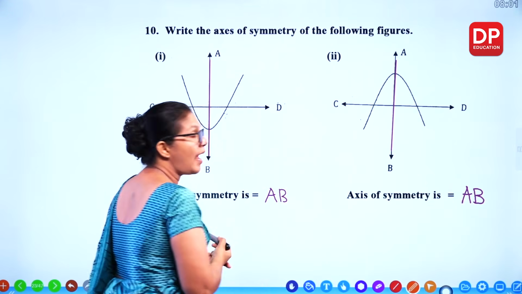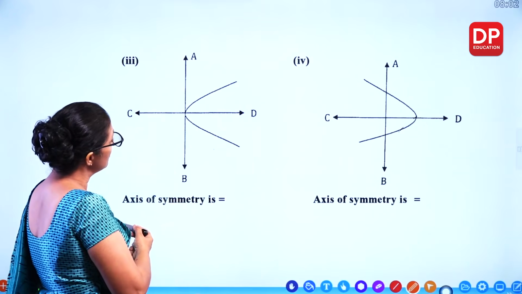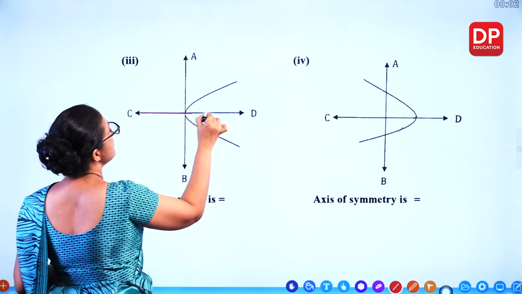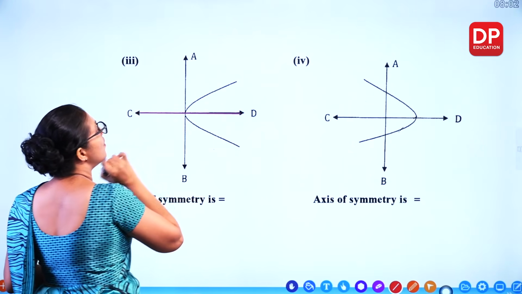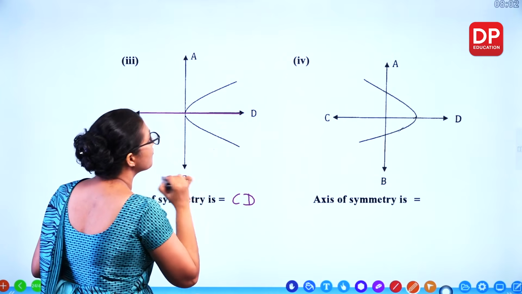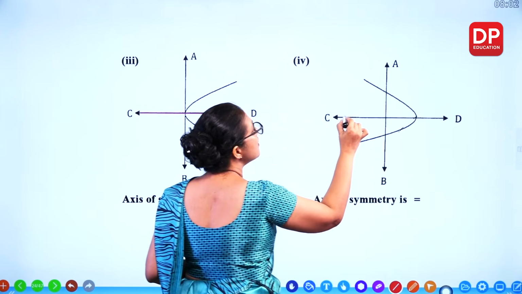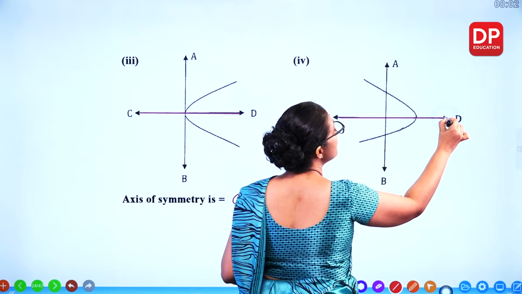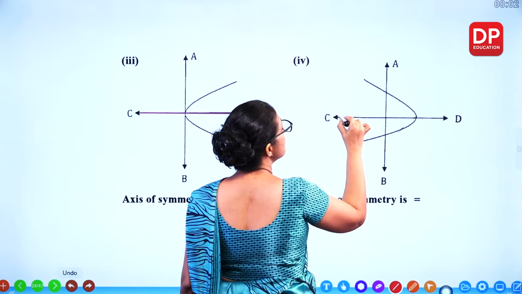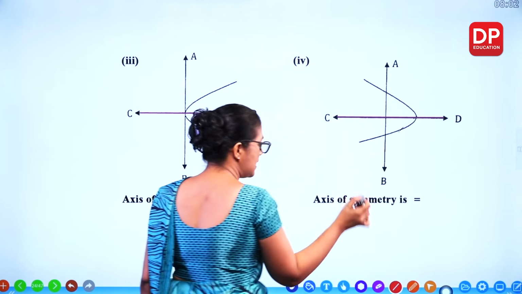That's the axis of symmetry. This one, we can draw the line the other way around. So this line is the axis of symmetry now. So C, D. This curve also you get, this is the axis of symmetry, that's CD.